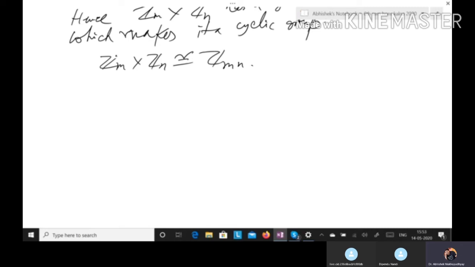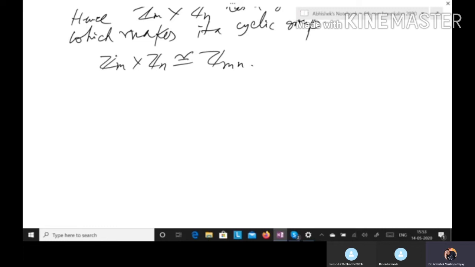Whenever we have proved that G is the internal direct product of two subgroups of a group G, we have mentioned the fact that these subgroups are normal. So it is necessary that these subgroups should be normal subgroups.